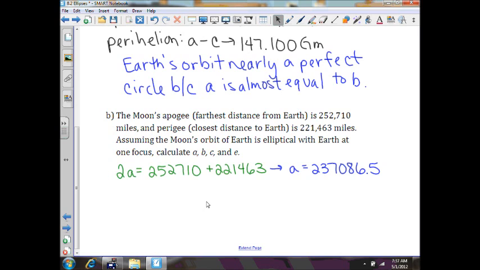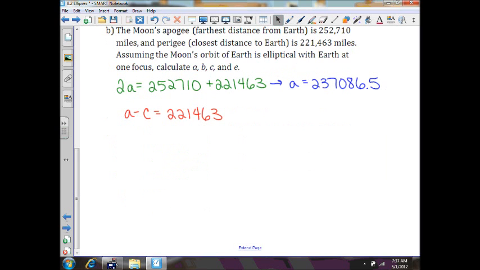Now, we know that a minus c will equal basically our perihelion distance, so the perigee, so that's going to be 221,463.